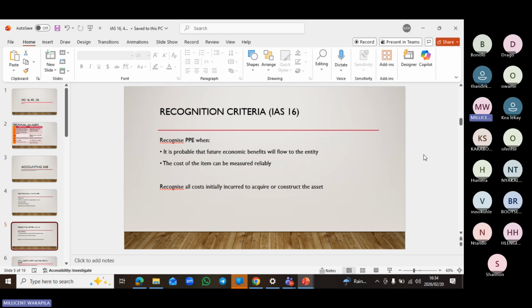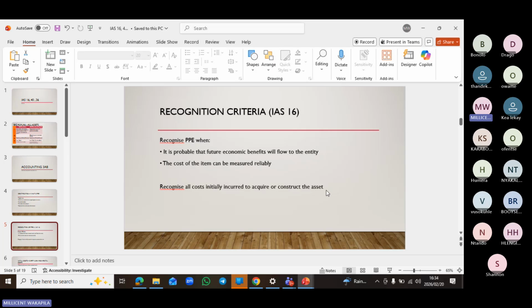So when do we recognize PPE? We only recognize PPE when it is probable that future economic benefits will flow to the entity, and the cost can be measured reliably.